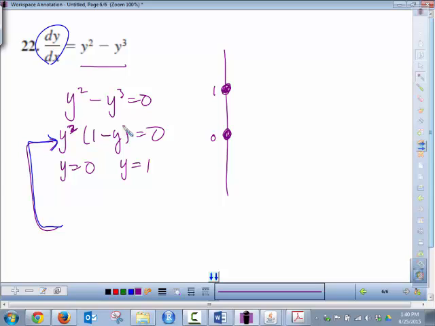So we got the same equilibrium points, and then let's start over again. When y is less than 0, it's going to be a positive and a positive, so this is going to be going up.